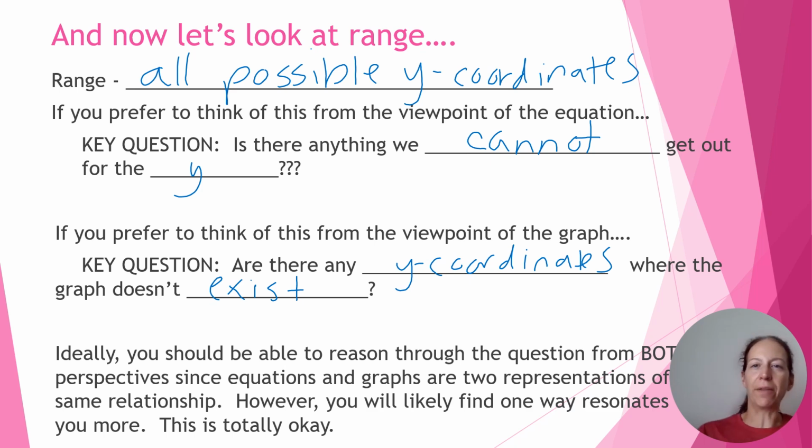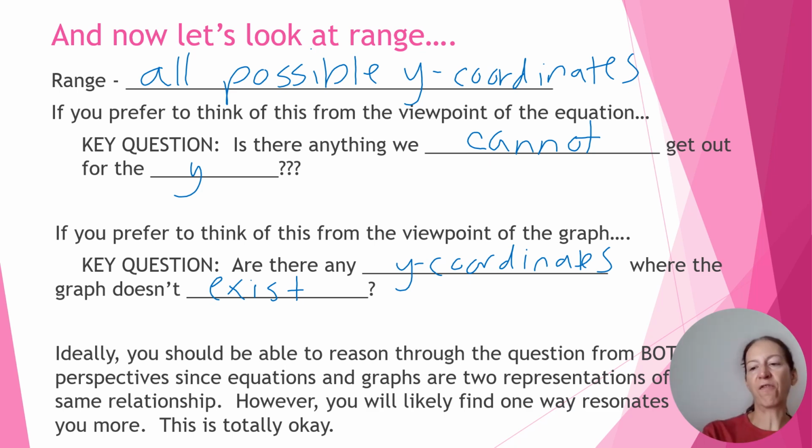I'm going to yap a little bit about this blurb at the bottom. Ideally, you should be able to reason through the question from both perspectives, since equations and graphs are two representations of the same relationship. However, you will likely find one resonates with you more, and this is totally okay. Some of you are going to prefer to reason things out using the equation.